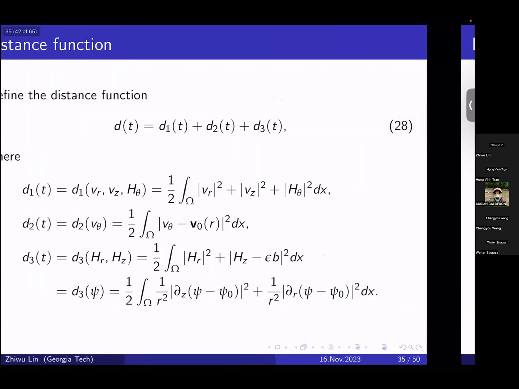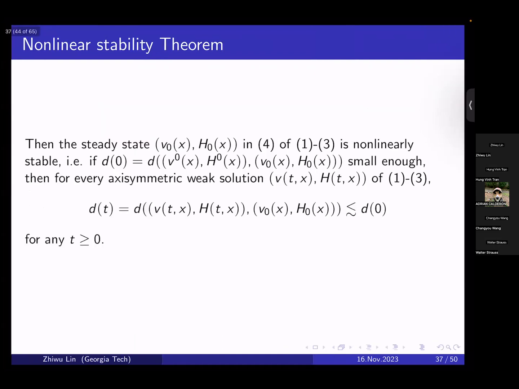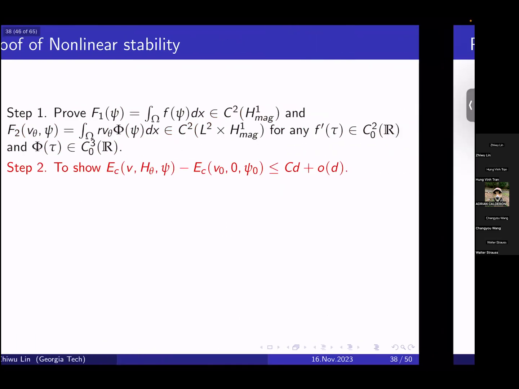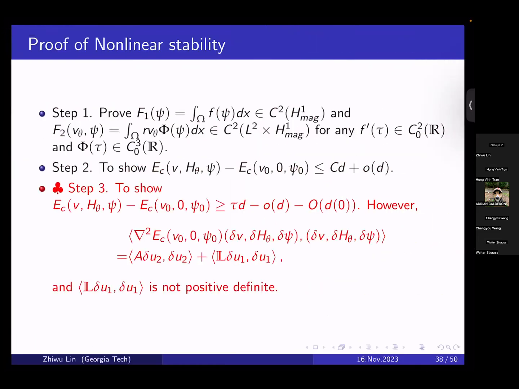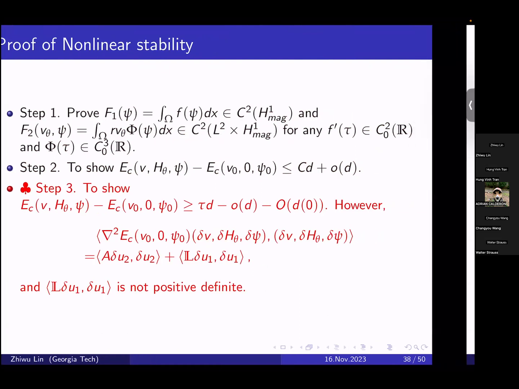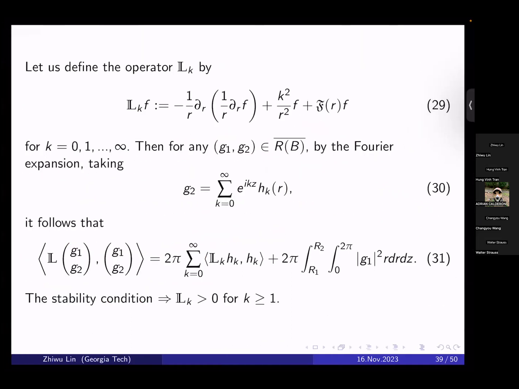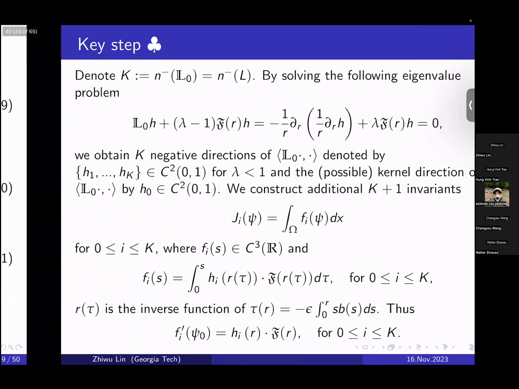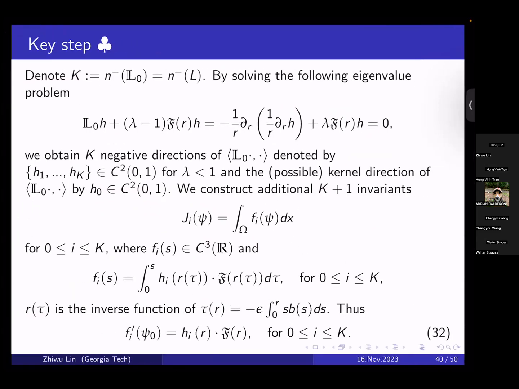To handle the 0 modes, we need to use the infinitely many Casimir invariants to restrict the perturbations. The idea is very simple. You find all the negative directions and the 0 directions of the operator L0 restricted to the 0 modes.